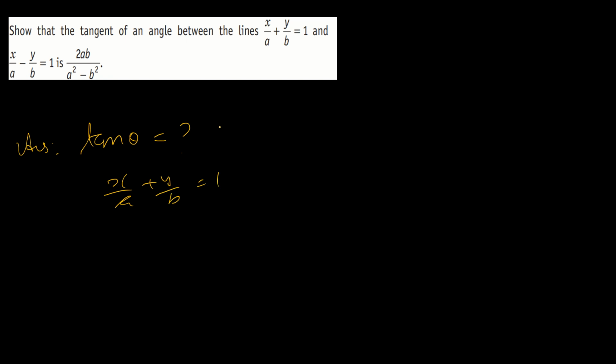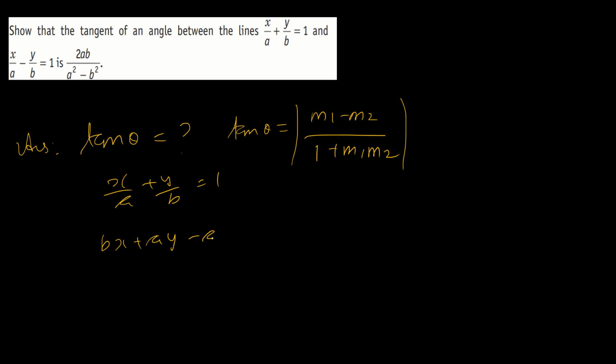Here we need tan theta equal to modulus of (m1 minus m2) divided by (1 plus m1 m2). So we have to find m1. For bx plus ay minus ab equal to 0, m1 equal to minus b by a.